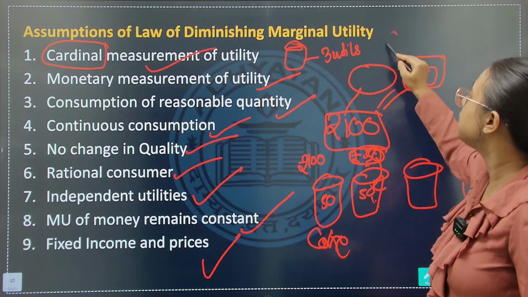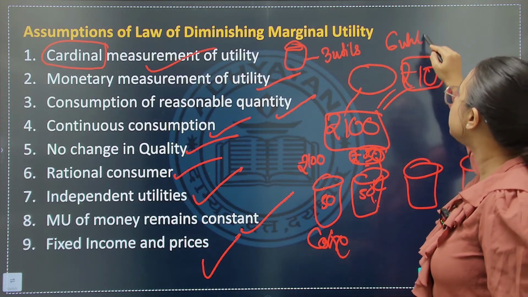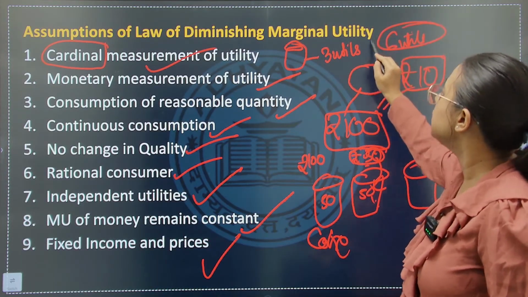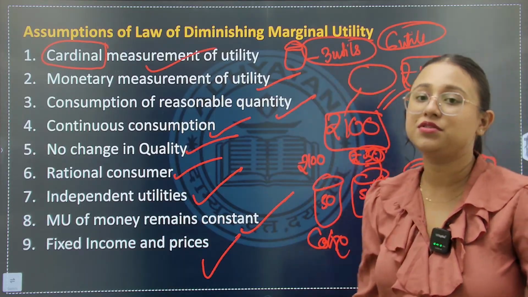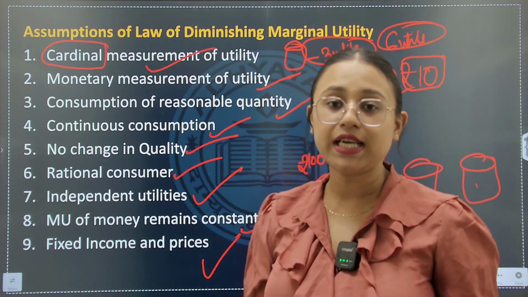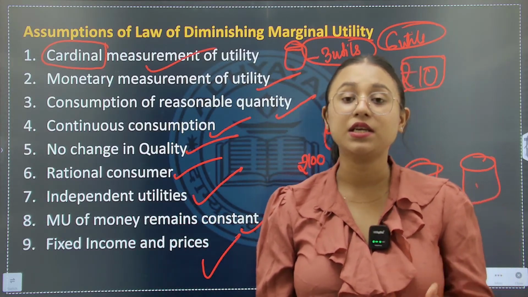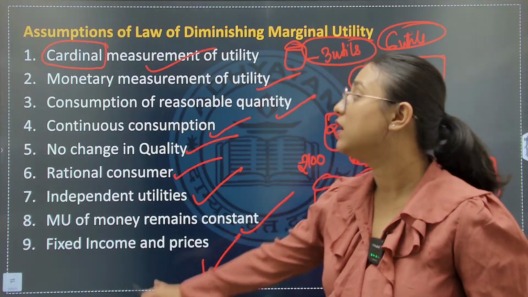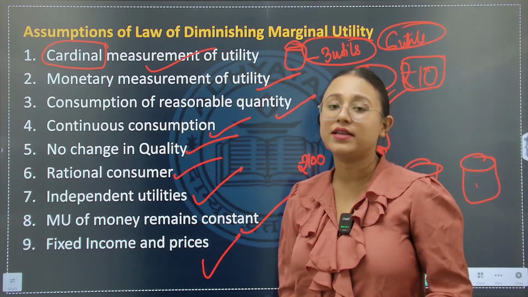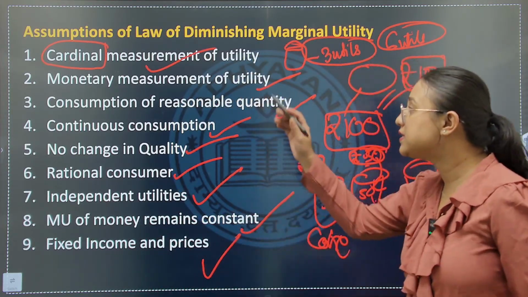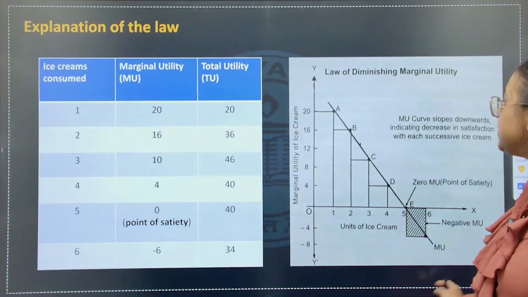Next টোৰ পৰা কিমান কৰিলা, 6 utils. So here we are being able to measure utility in terms of absolute number, right? So when we can measure utility in terms of absolute number we say it to be cardinal utility. ঠিক আছে, so these are the assumptions of law of diminishing marginal utility.